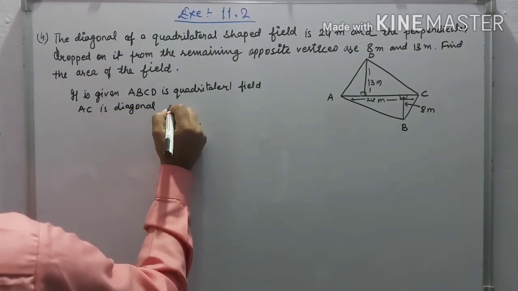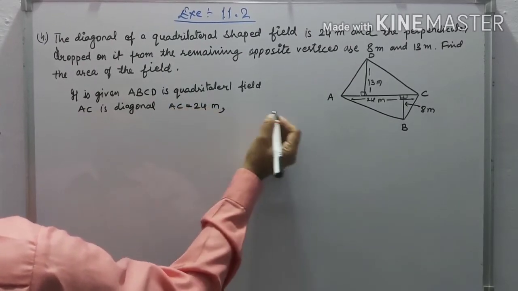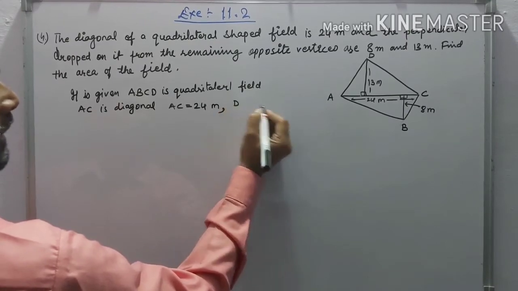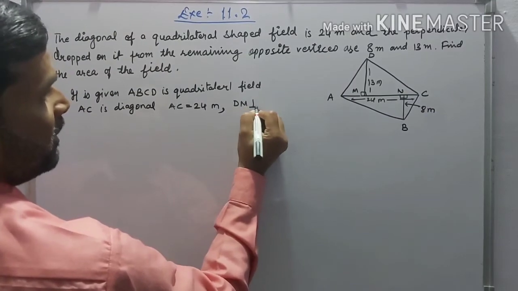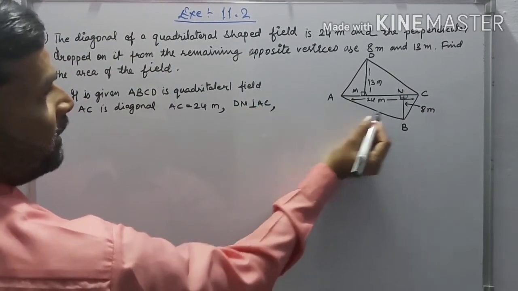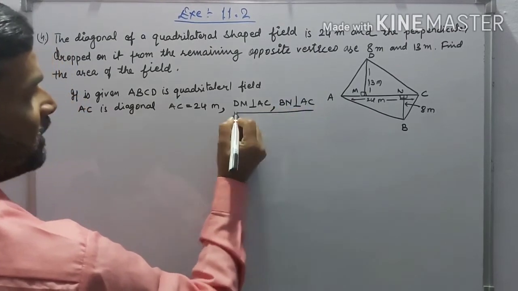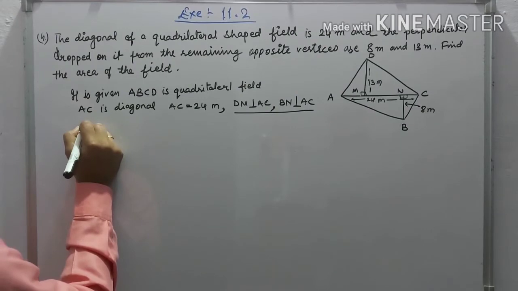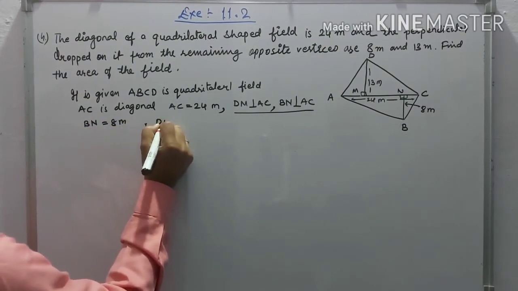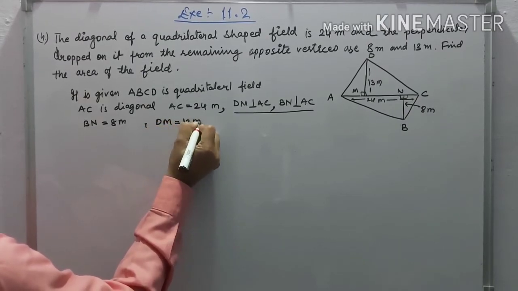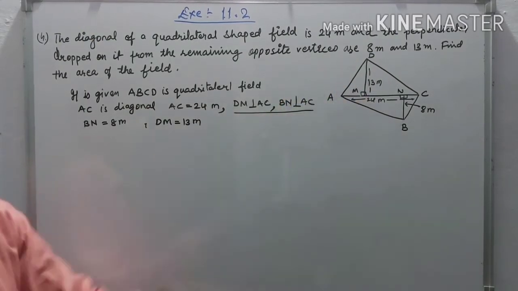The length of AC is equal to 24 meters, and the perpendiculars from D and B, suppose they meet AC at M and N, are such that DM is perpendicular to AC and BN is perpendicular to AC. The length of BN is equal to 8 meters and the length of DM is equal to 13 meters. Find the area of the total field.